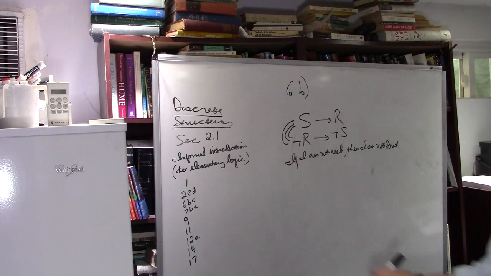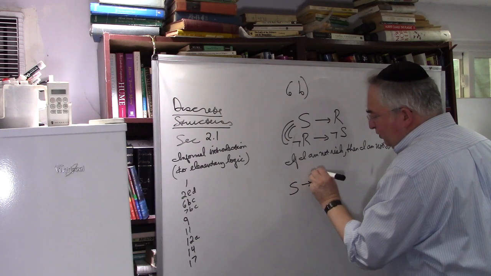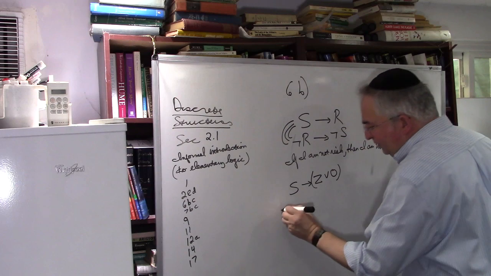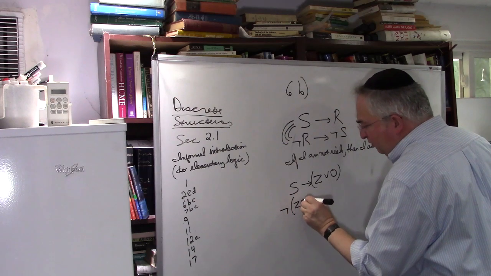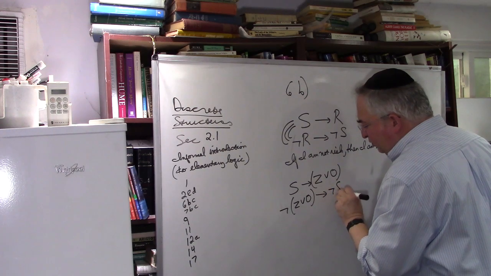Okay, let's do the next one. We had square implies 0 or 1. The contrapositive is not 0 or 1 implies not square.